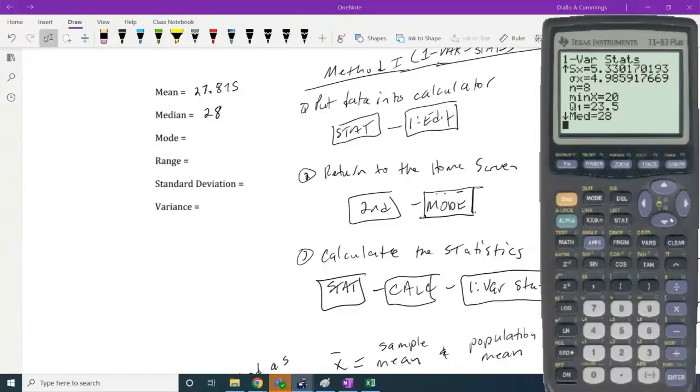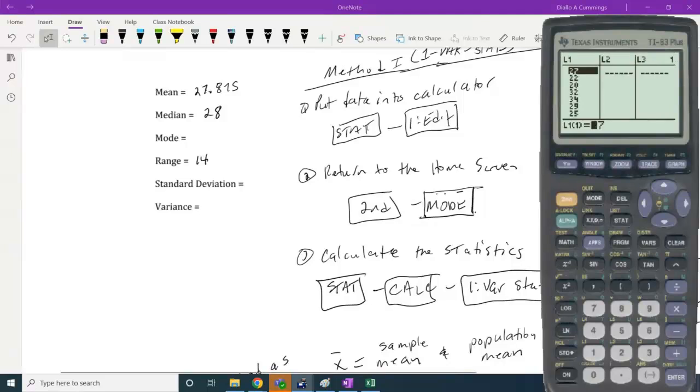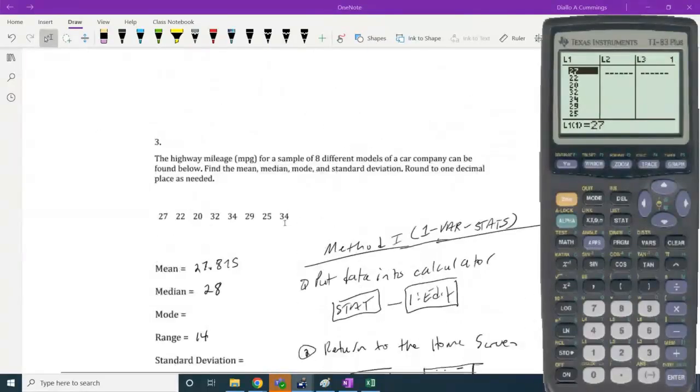How could we find the range? I can subtract the 20 from the 34, so the range is 14. What is the mode? Well, if we take a look back at our data set, we found that 34 popped up twice, so 34 would be the mode.